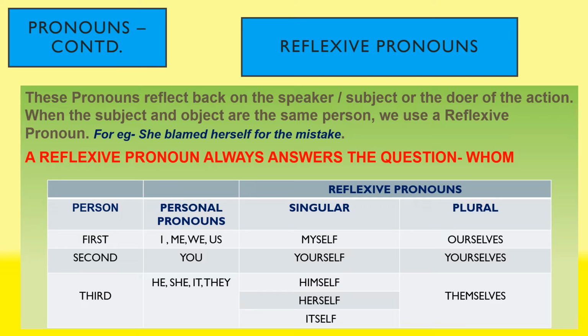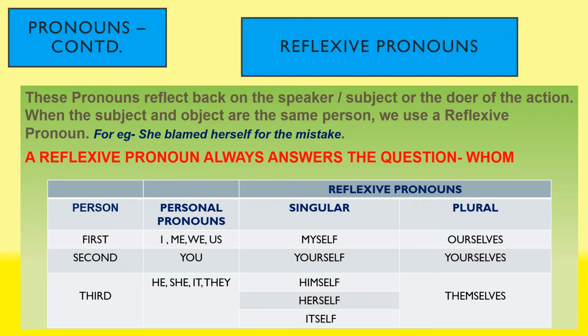Let us look at an example. She blamed herself for the mistake. Now she blamed whom? Herself. And herself refers to the subject, she. So the subject and the object is actually the same. And a reflexive pronoun will always answer the question whom. This is a tip for you to understand and recognize reflexive pronouns.